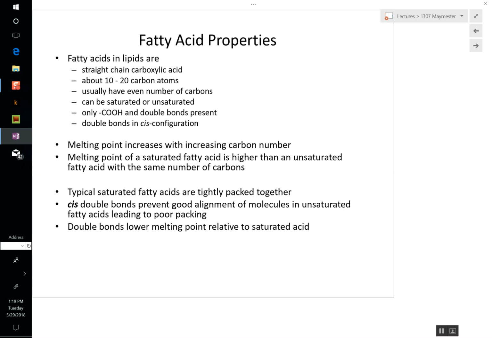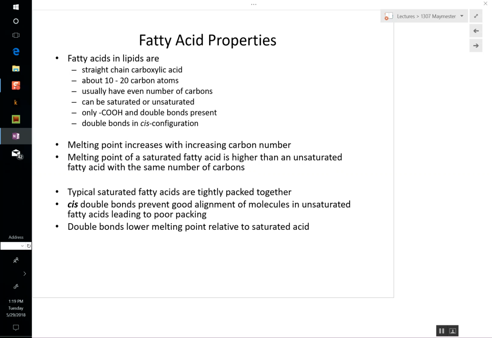So by the time you reach room temperature, this is already melted because of that double bond. They're about the same molecular weight. They differ by just 2 hydrogens right here. Or right here, we would have one more hydrogen on each one of those carbons with the double bond. Over here we got those 2 hydrogens. It's not a whole lot of difference in molecular weight, but there is a big difference in melting point.